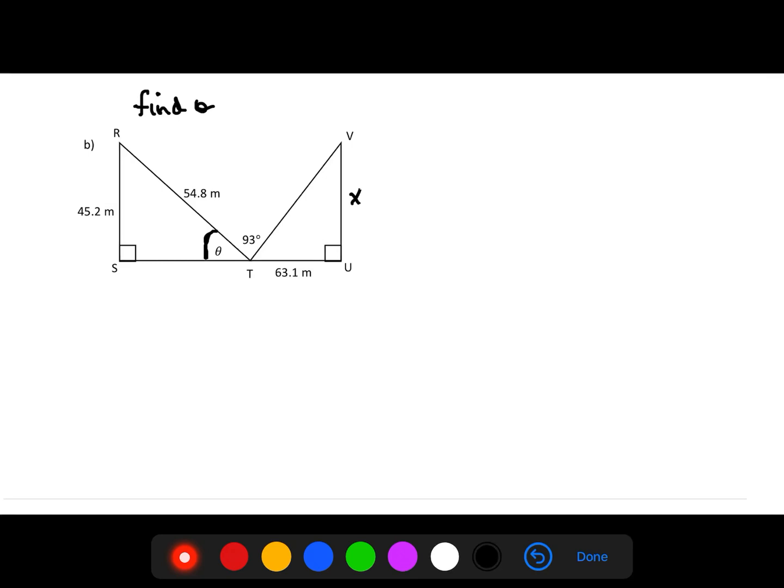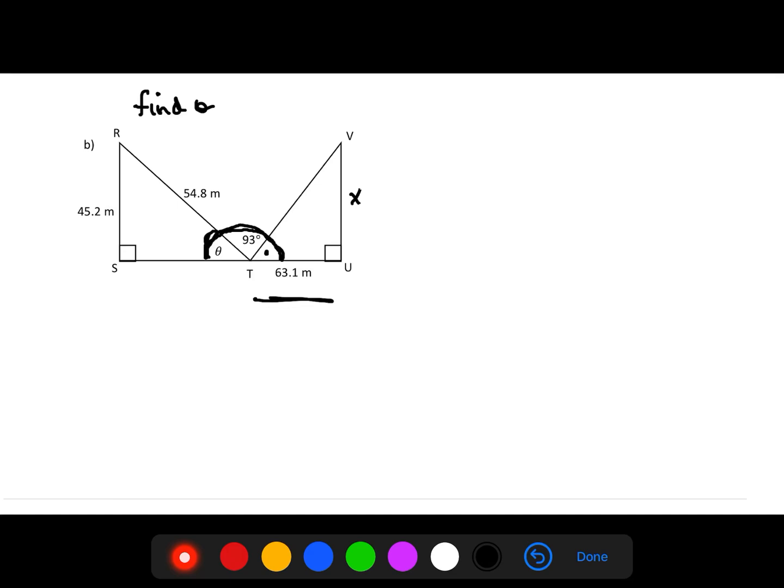And the reason that we need to find theta first is that in triangle TUV, in order to find x, we would have to have an angle. We do have a side, but we don't have an angle. Well, in order to get an angle, we notice that we could find angle T in this using the fact that these three angles have to add up to 180.